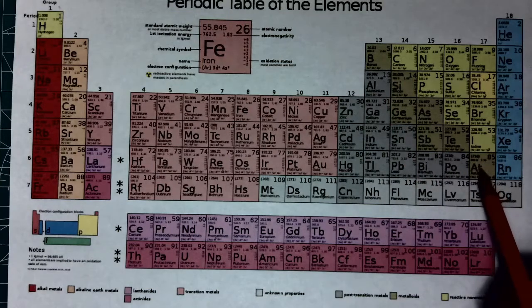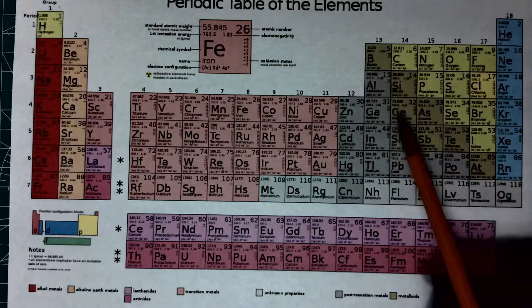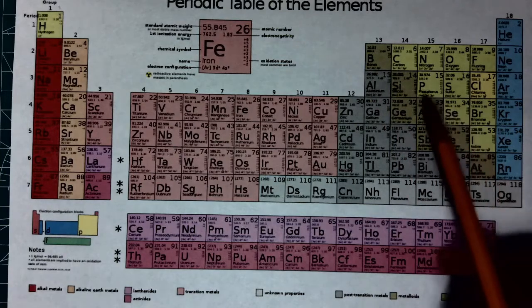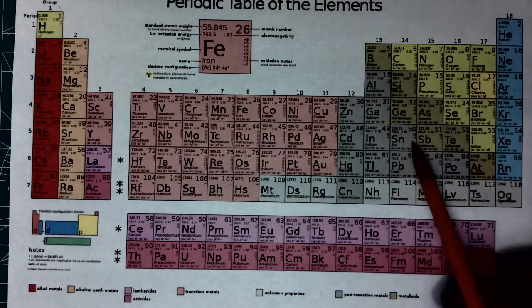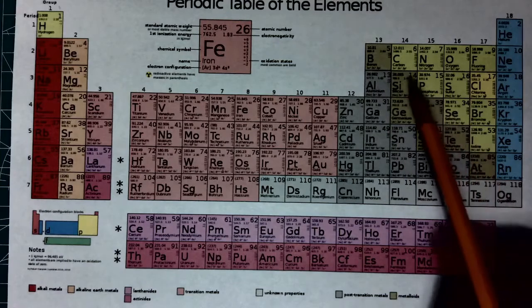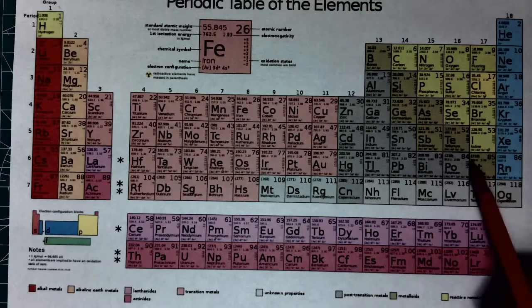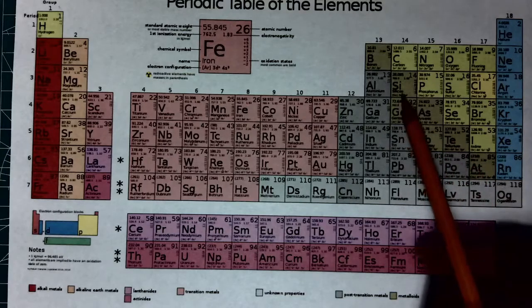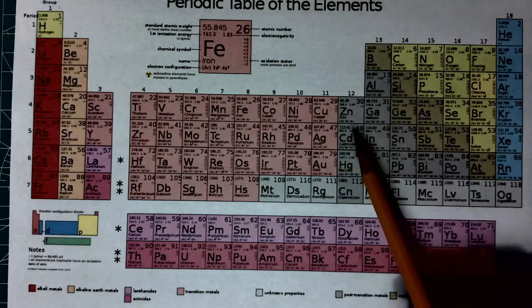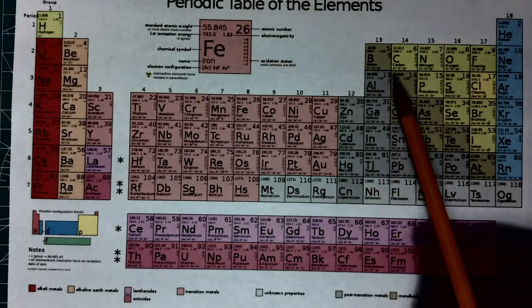Metalloids have properties of both non-metals and metals, and they're actually pretty important to us. Silicon in particular, being a metalloid and a semiconductor, is very important to computers.